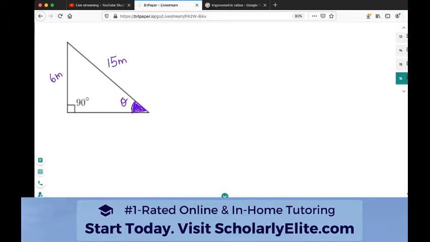As always, the hypotenuse doesn't have anything to do with anything else. It's always the side length that's across from 90 degrees. But after that, the other two side lengths are written down based on which is which. So if we're worried about this angle, the opposite side length to that is here.